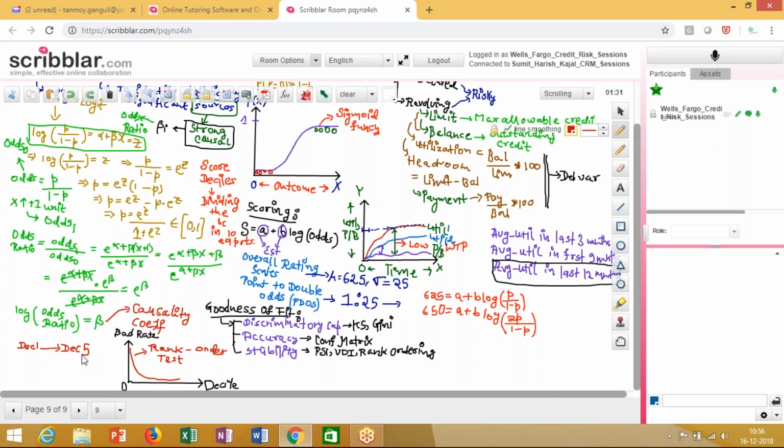Now, a bigger question over here is, how do I know that the model that I have developed is a robust model? That is where the model validation comes in. So I need to validate the model that I have developed, right? And validation is done in two ways.